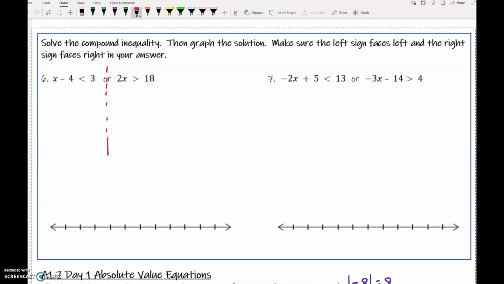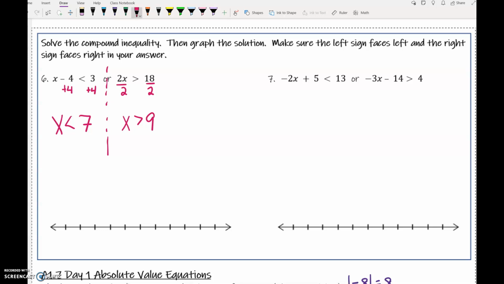The first one, we would add 4 on both sides. To get x is less than 7. On the other side, we would divide by positive 2. X is greater than 9.